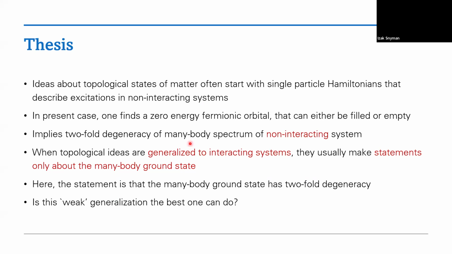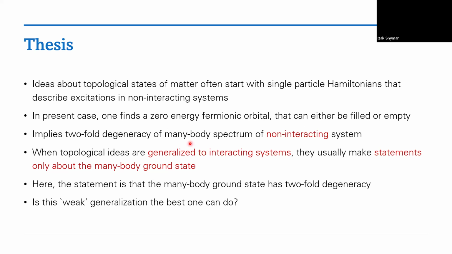What that leads to in the present case is that one finds a zero-energy fermionic orbital that can either be empty or filled. This implies a twofold degeneracy of the many-body spectrum of non-interacting systems. I can label the states by whether this zero-energy orbital is occupied, which doesn't cost any energy, but that means a twofold degeneracy of the state of the system.